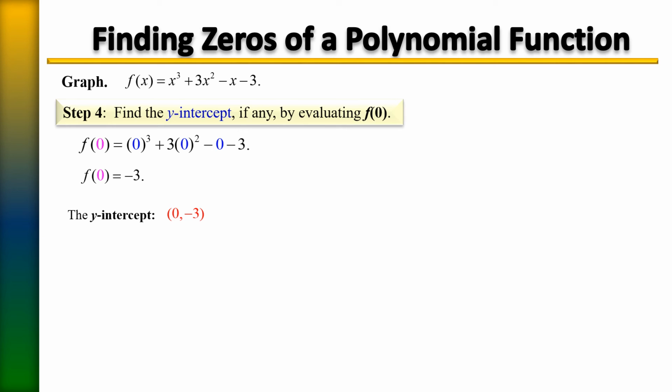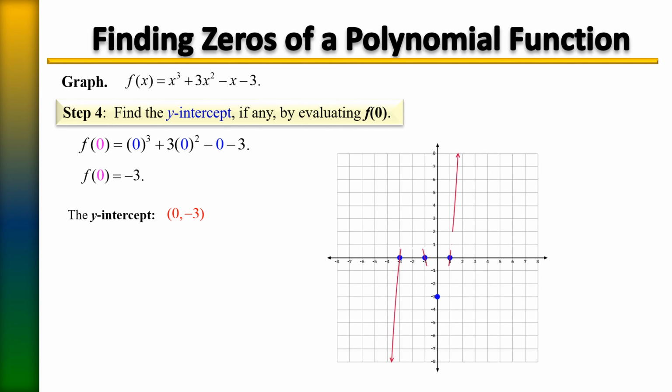So let's take a look at what that looks like. Go ahead and plot that point in addition to the points we already have. We can see that it's going to go down to that (0, -3), and then come right back up through there. We actually have everything we need to go ahead and connect these points.